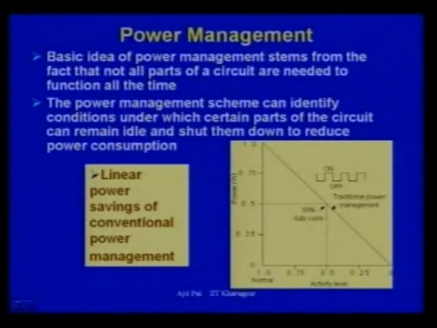So, in this way different portions can be turned off and you can have power savings, you can make it on and off, and if it is on for 50% time, then we say that 50% is the duty cycle, or there is a power reduction of 50%.